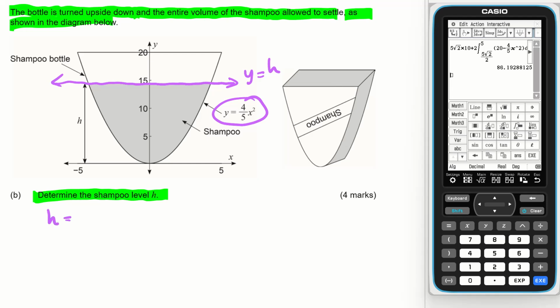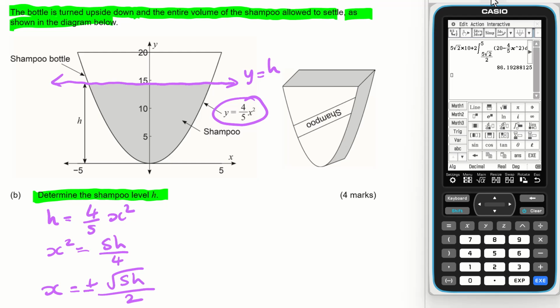So if h is equal to 4/5 x squared, that means that x squared is 5h on 4, and so x is plus or minus the square root of 5h divided by 2.